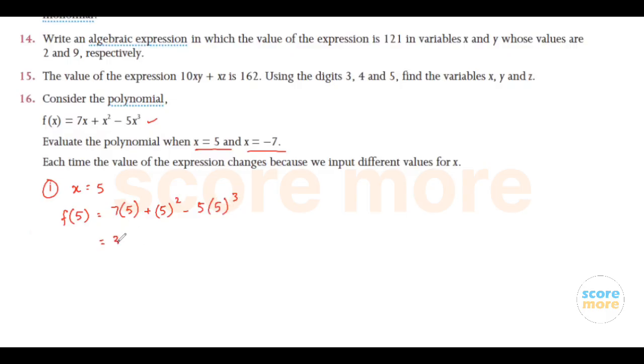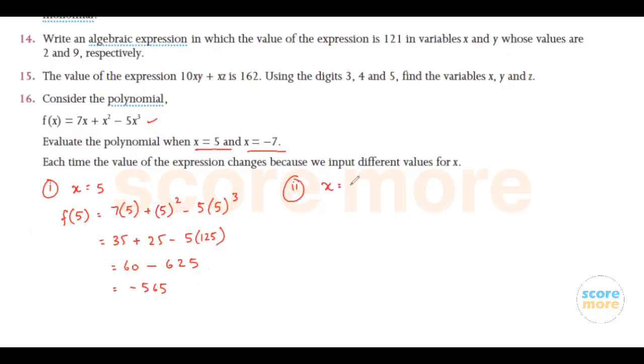So 7 fives are 35, 5 square is 25, minus 5 into 5 cube. 5 cube is 125, so 5 into 125 is 625. 35 plus 25 will be 60, minus 625. If we subtract, 60 minus 625, the answer will be minus 565. This thing is clear.